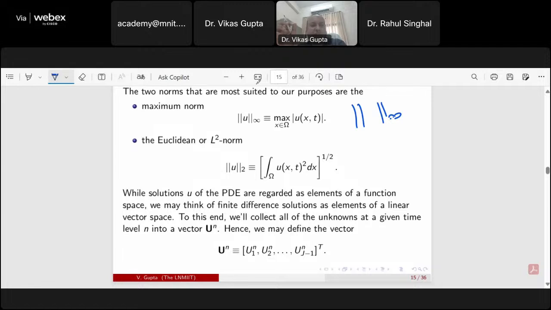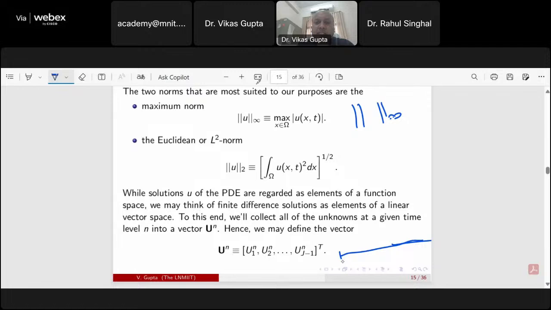Am I right? To this end, we collect all unknowns at a given time level n into a vector form. Suppose we have this nth time level, with j mesh points in the space direction.